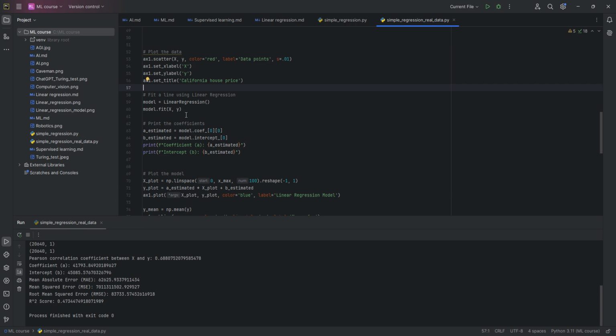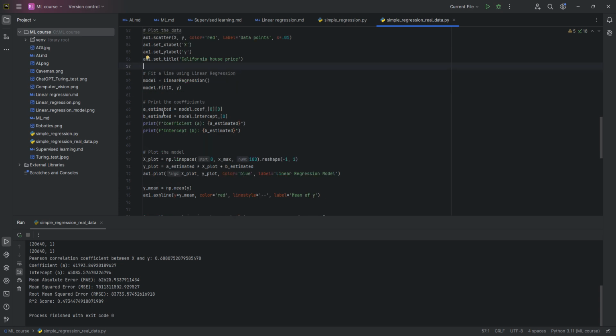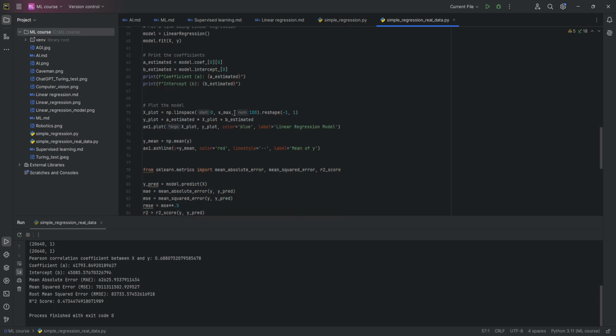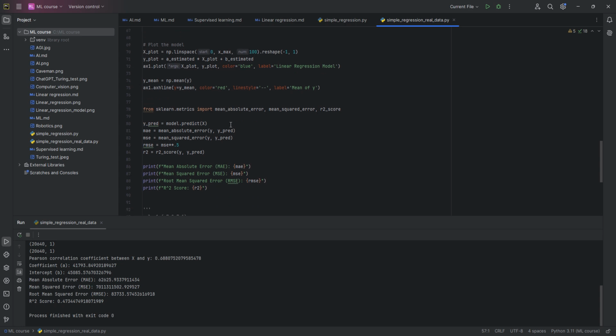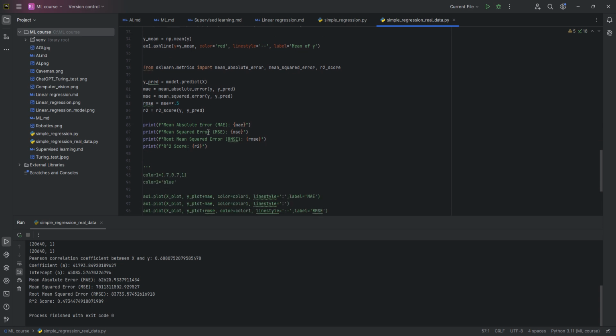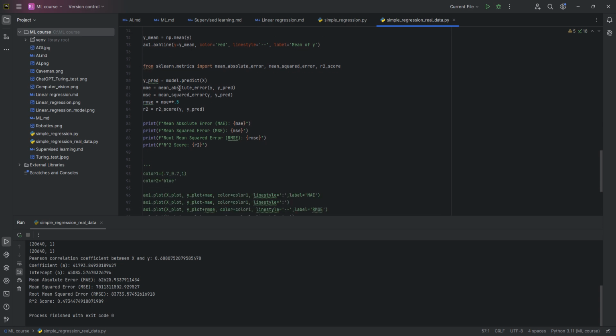We're gonna fit a linear model to it. We're gonna extract the coefficients and intercept from that linear model, and we're gonna plot that model, which is a blue line, and we're also gonna plot a horizontal red dashed line for the mean of prices of the houses. And here, we talked about it before.